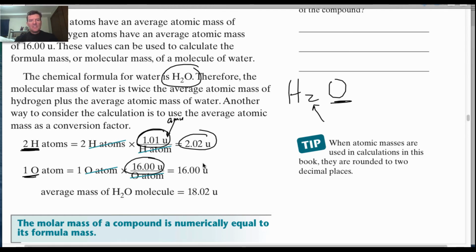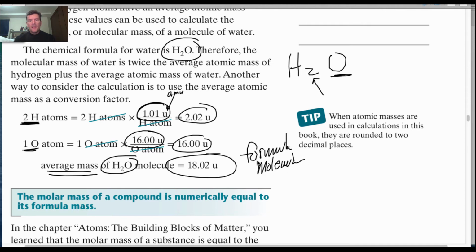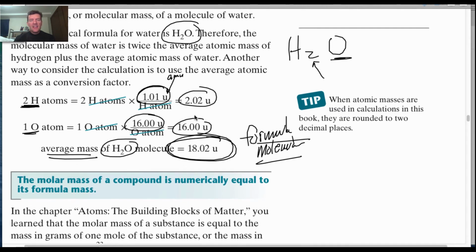So 1 times 16 is 16. 16 plus 2.02, I get 18.02. That is the average molecular, or formula, mass for water. Okay? Just add them together, taking into account how many of each you have.